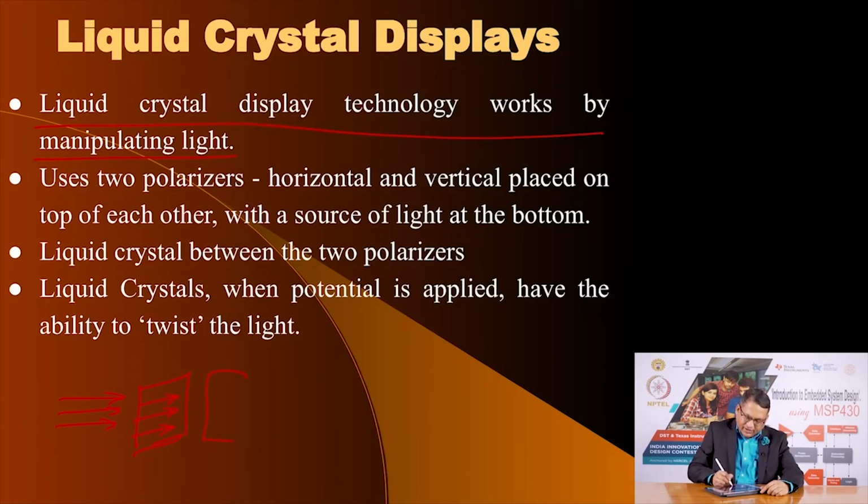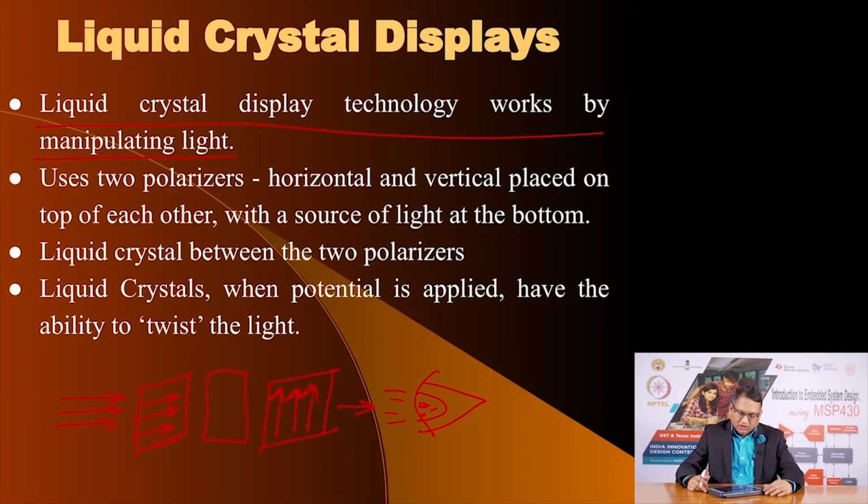Then you have the liquid crystal in between, and then you have another polarizer where the polarization happens in the vertical direction. And then of course, here is the human eye, which is able to see what is reaching the human eye.